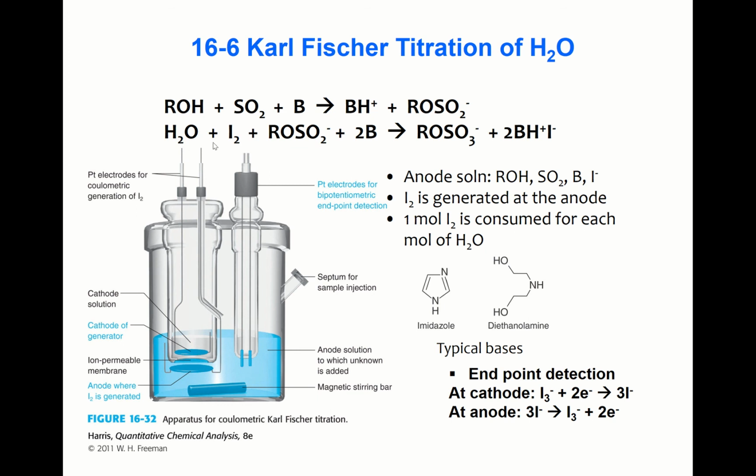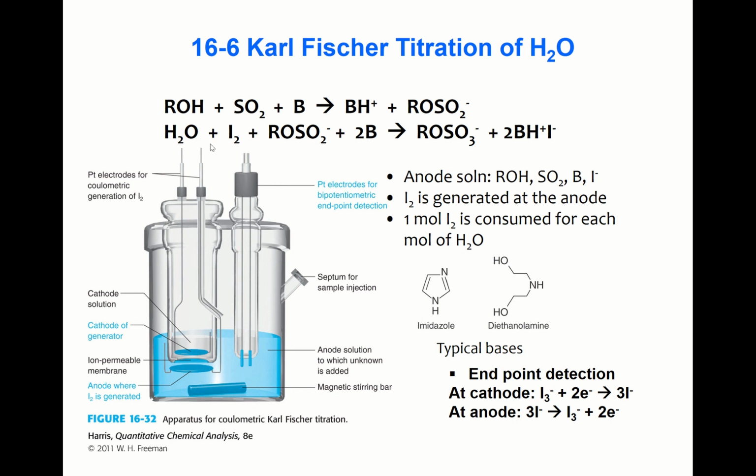This is an electrochemical reaction, but actually you apply potential, or you apply the current, to generate iodine from iodide here. This is the electrochemical reaction, and then immediately this iodine reacts with water with this species, in the presence of a base.